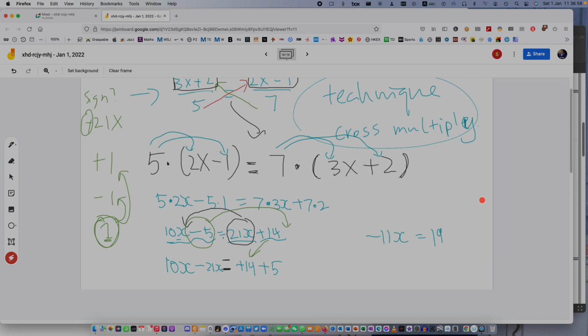What's the next step? Quick. What are you waiting for? Just write x equal. Show me the step. Quick one. Divide by minus 11x.